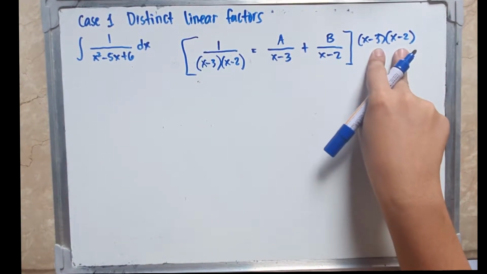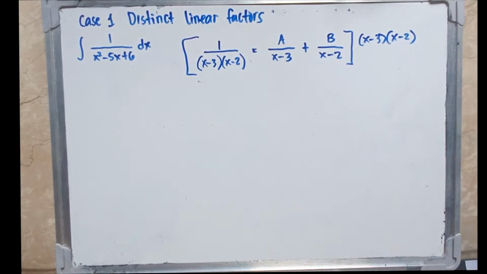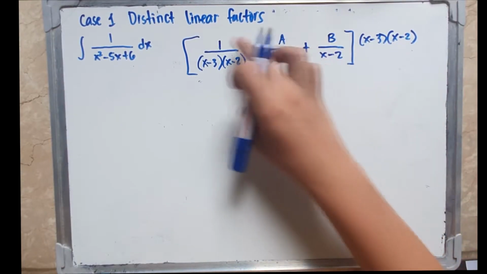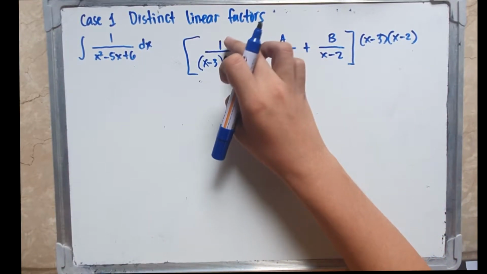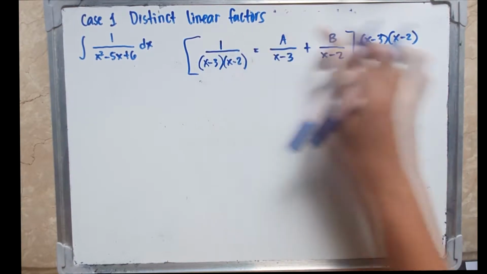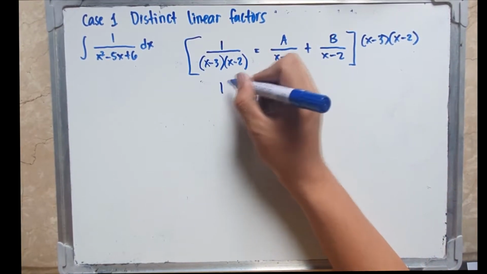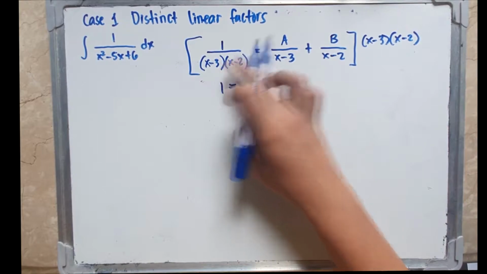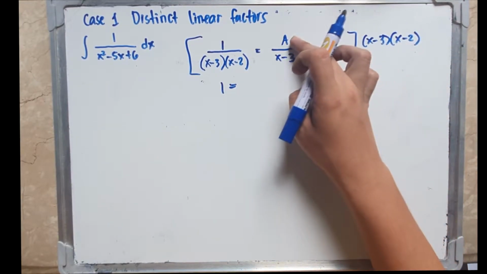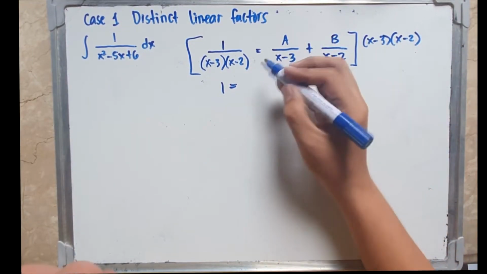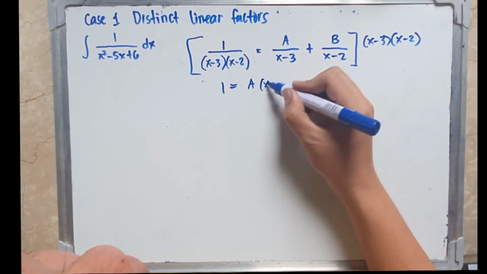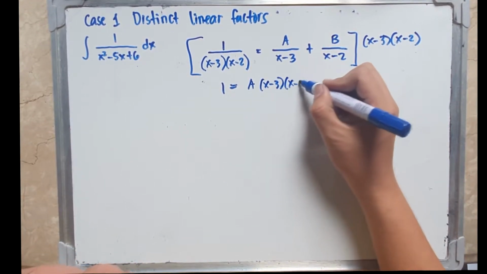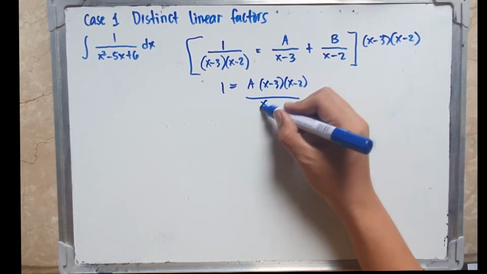Multiply this one to the original rational function. We will have a result of 1, since this is its denominator. Multiplying this one to the first term, notice we have A times x minus 3, x minus 2 over x minus 3.